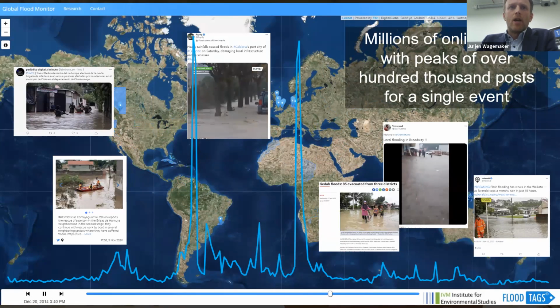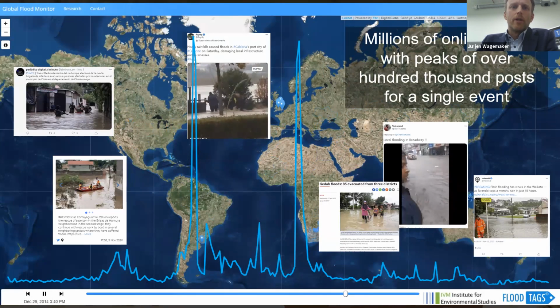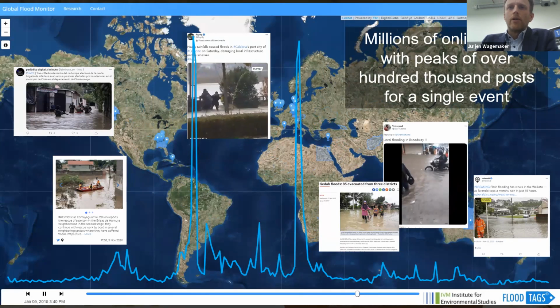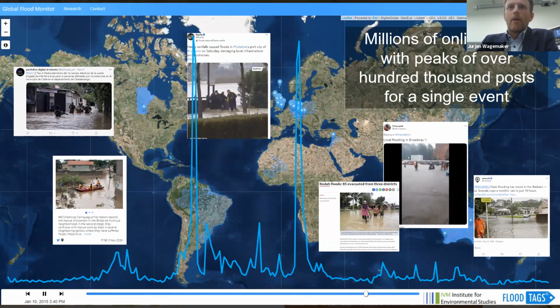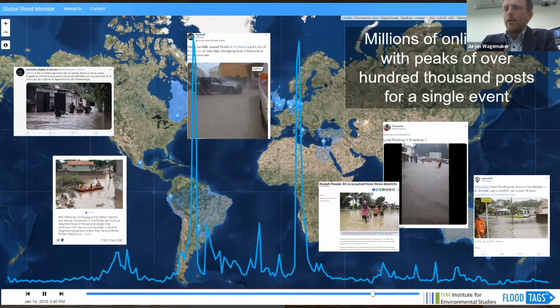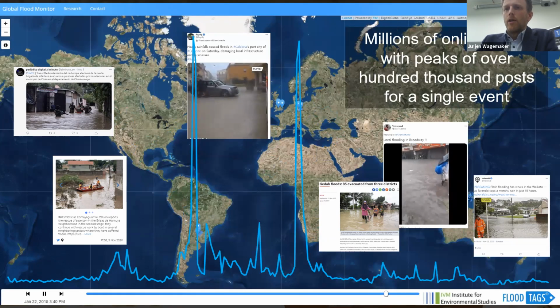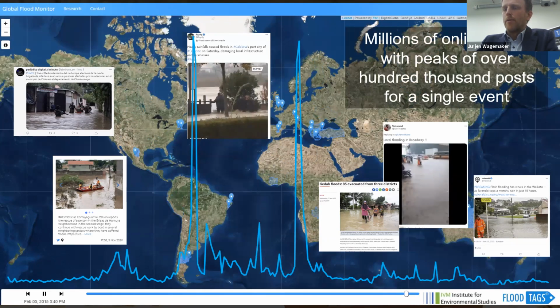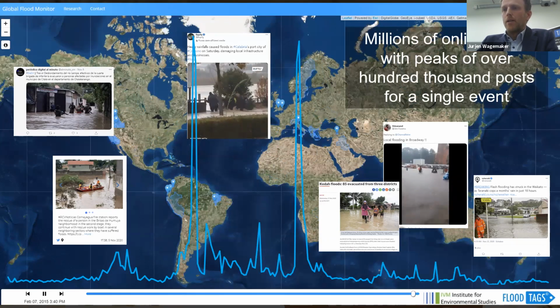Here on screen right now on the left, you see some content of ETA, which is already a little bit longer ago. In the middle, some content of Italy, where it was flooded a couple of days ago, and the three on the right are actually floods of today. On the left, there's Malaysia. In the middle, there's Chennai, where there's a flood right now, and on the right, there's a flash flood in New Zealand.